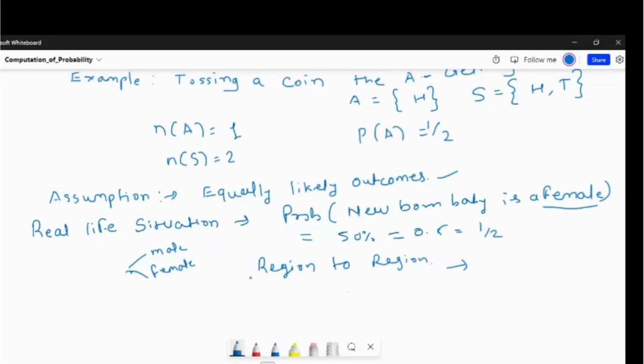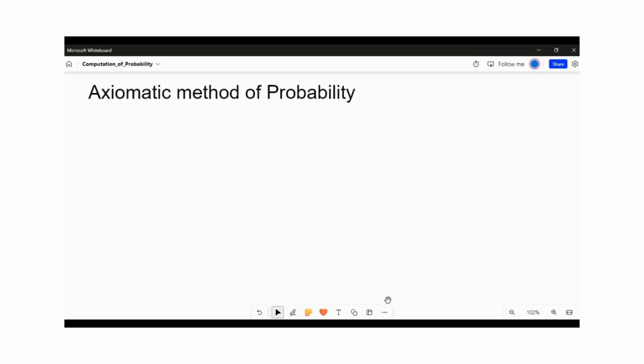So it depends on the region, and all other factors can be there. On the basis of that, this probability will change. So this equally likely outcome assumption is not possible for every real life situation. As we have seen, this classical approach has some limitations.